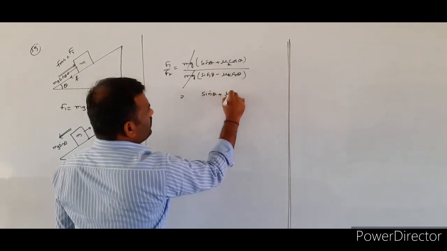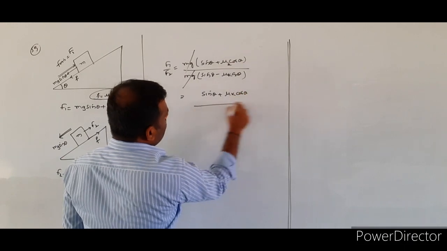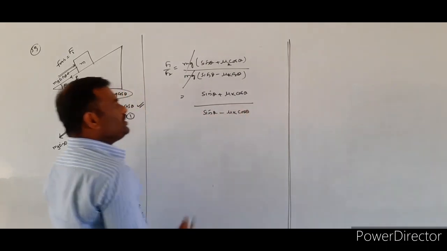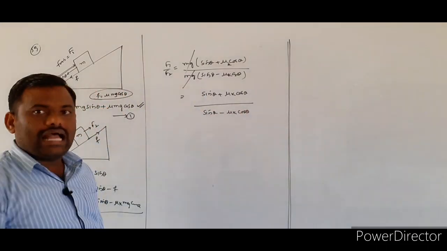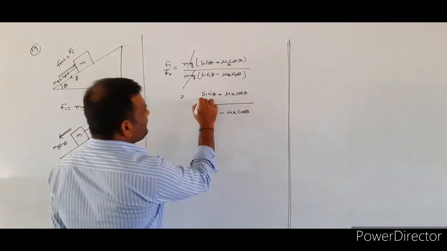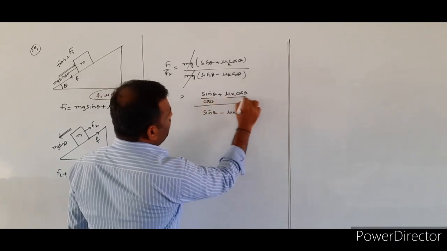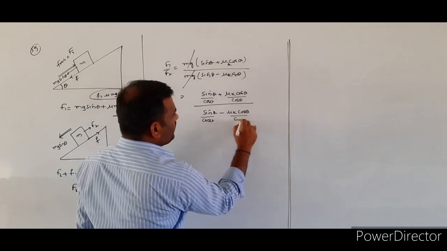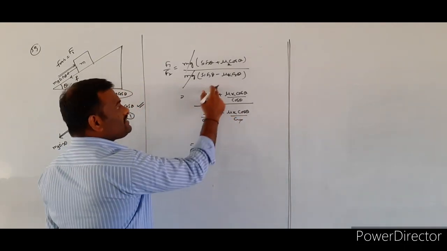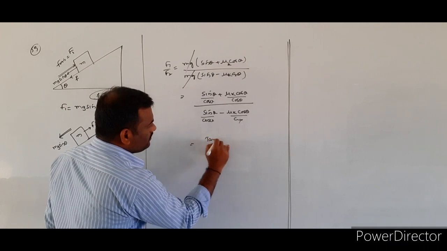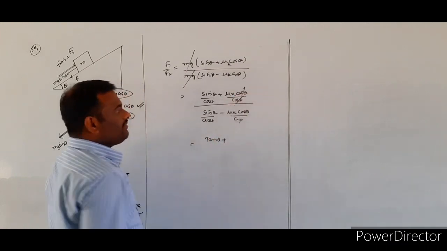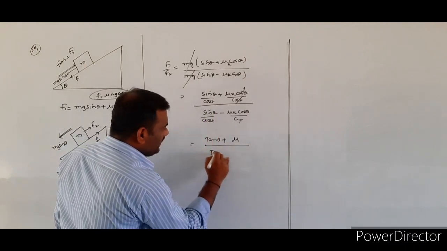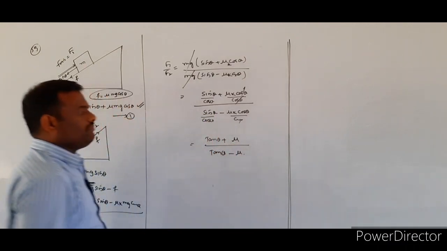Sin theta plus mu k cos theta by sin theta minus mu k cos theta. In the numerator and denominator, I am dividing by cos theta. So sin theta by cos theta, tan theta plus mu, cos theta getting cancelled, by tan theta minus mu.